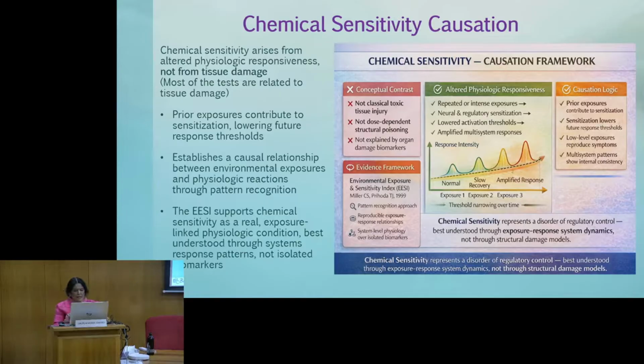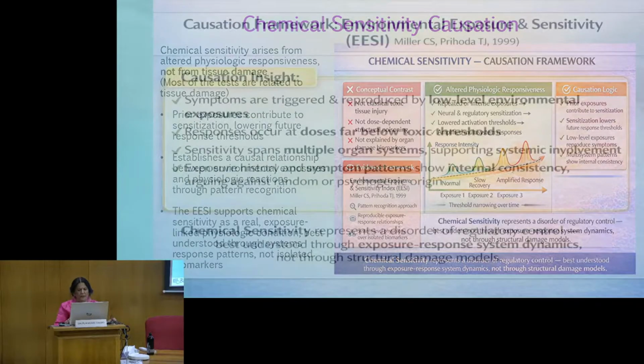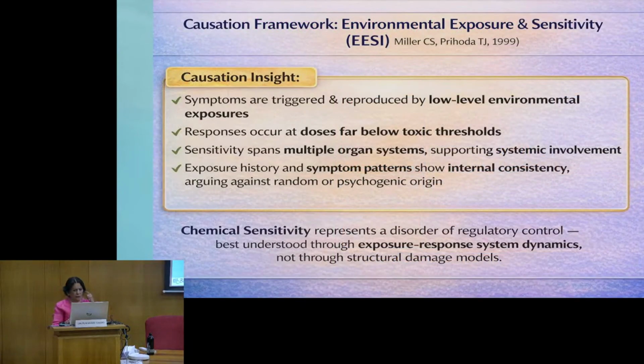So chemical sensitivity represents a disorder of homeostasis, and it is explained here that it is not a classic toxic tissue injury, it is not a dose-dependent tissue response, and it is explained by multiple organ disease. So here doses are far below toxic thresholds, multiple organ system involvement occurs, and symptom patterns show internal consistency.